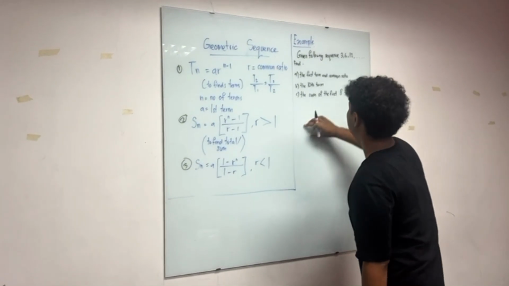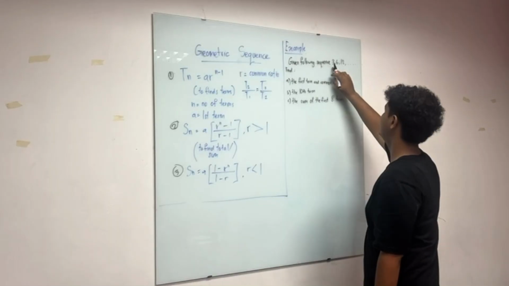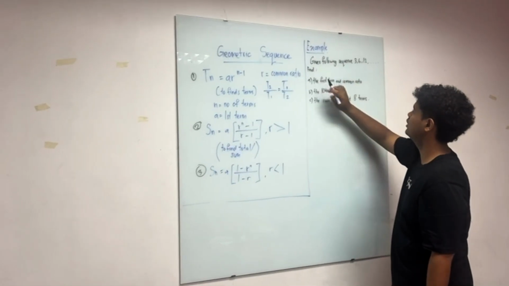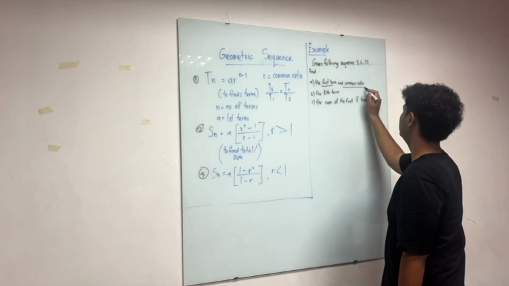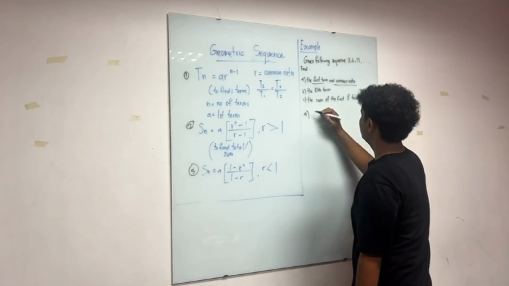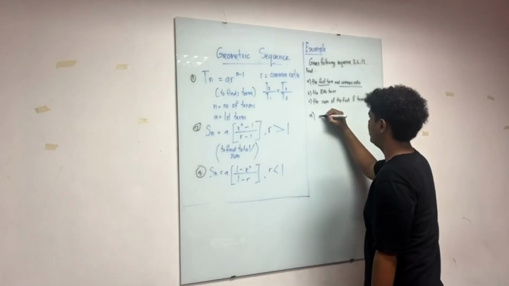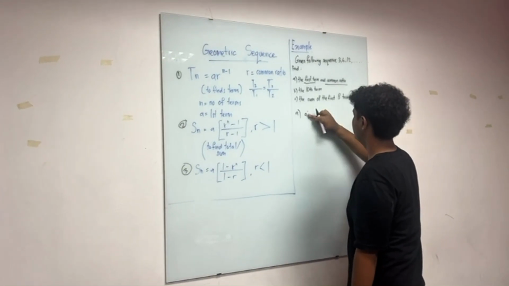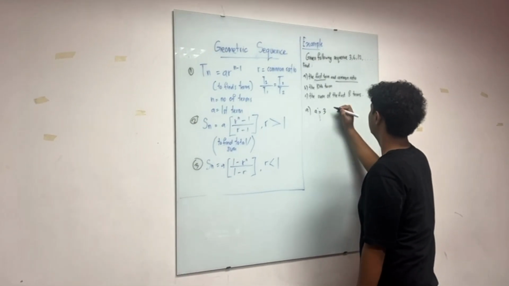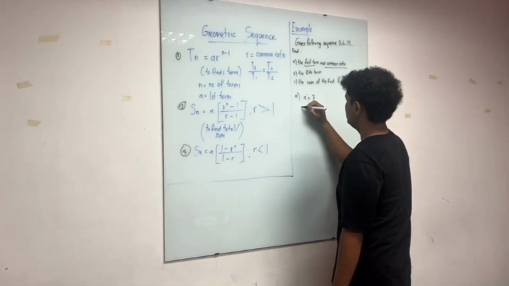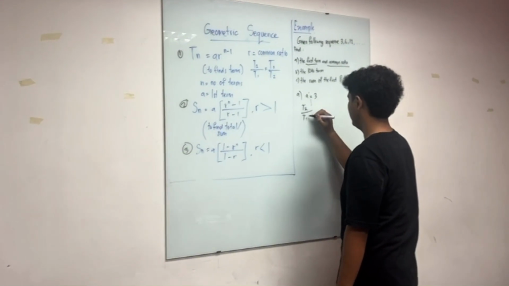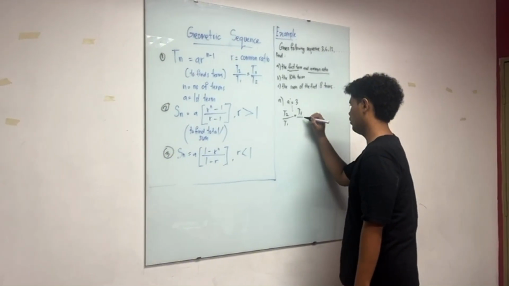Okay, so we move on to the example. They have given the following sequence: 3, 6, 12. Find the first term and common ratio. The first term is basically the first number, which is 3. So a equals 3. The common ratio is when T2 over T1 equals T3 over T2.